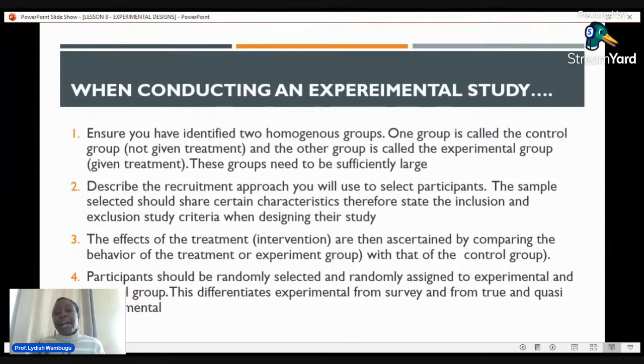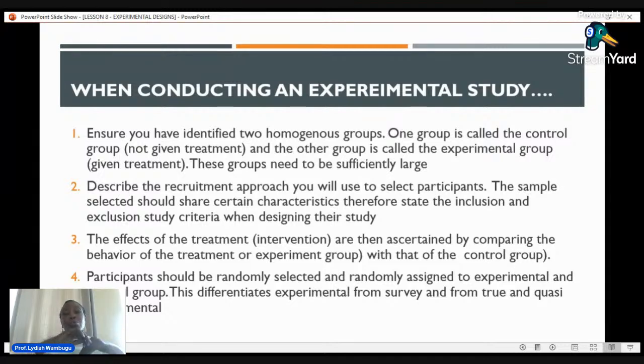selected and randomly assigned. And of course, we know when we talk about quantitative research, we normally say, even as you do your sampling, it needs to be random so that it is a representation of the population. So randomization is very key in experimental design.